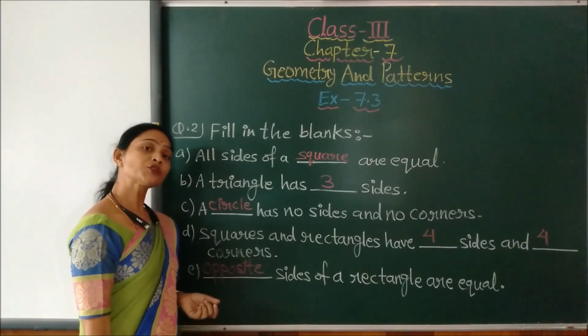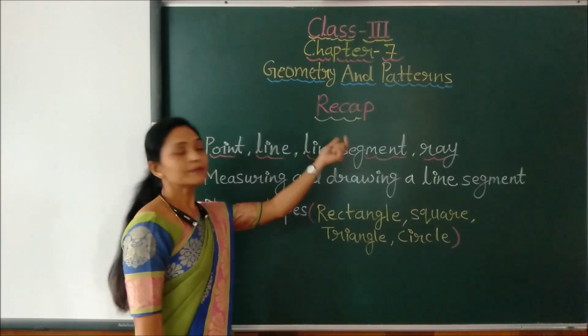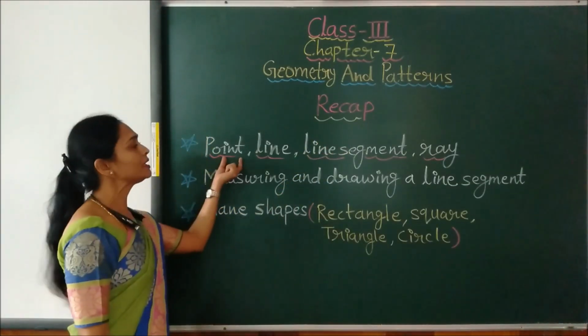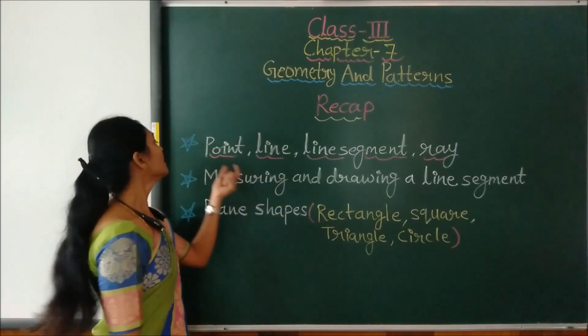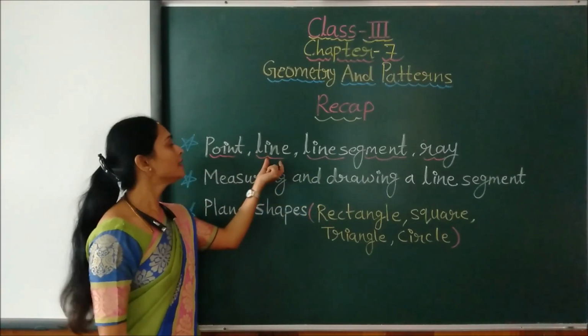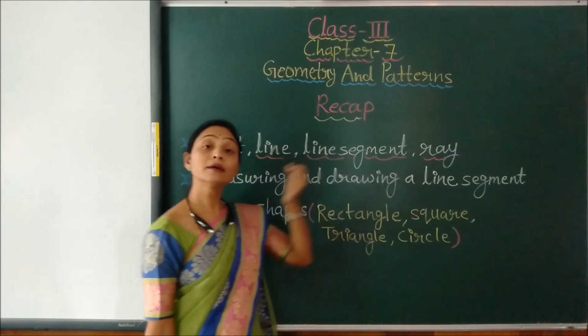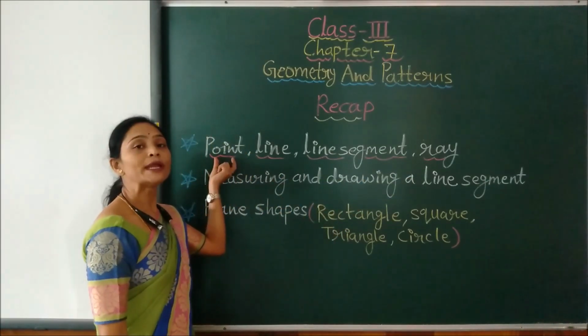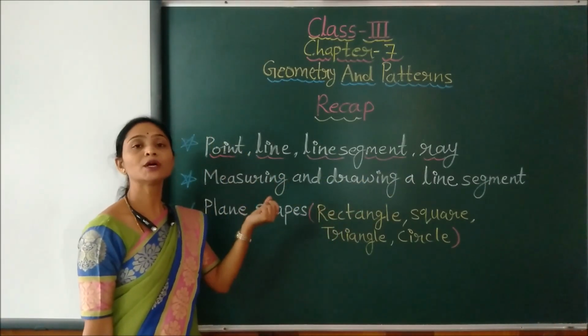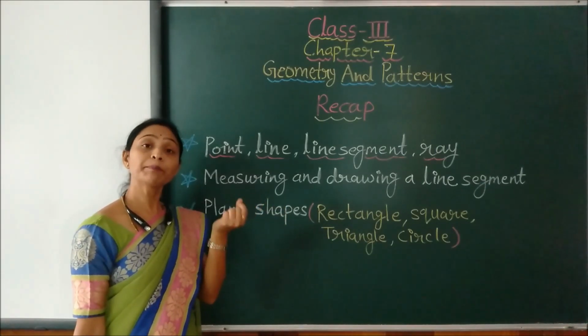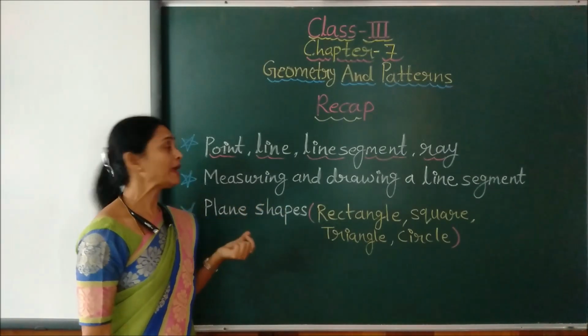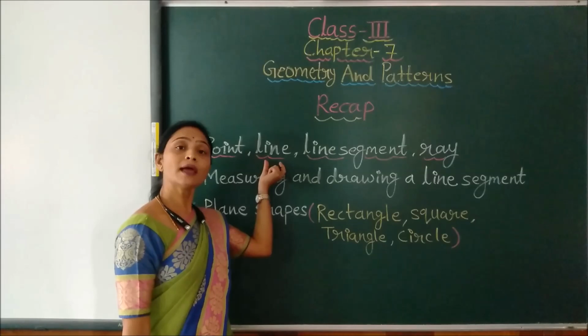Now we will have a short recap. So let's have a recap children. See, first we have learned some definitions. Definition of a point, line, line segment and ray. What is a point? Point is a dot which is made with a sharp pencil or pointed pen. Then line, what is a line?